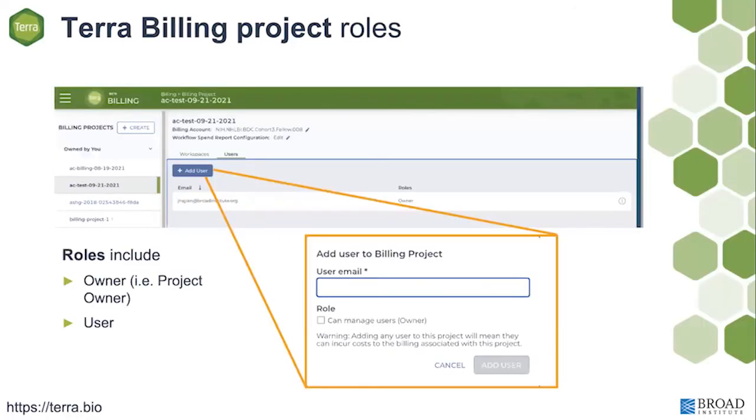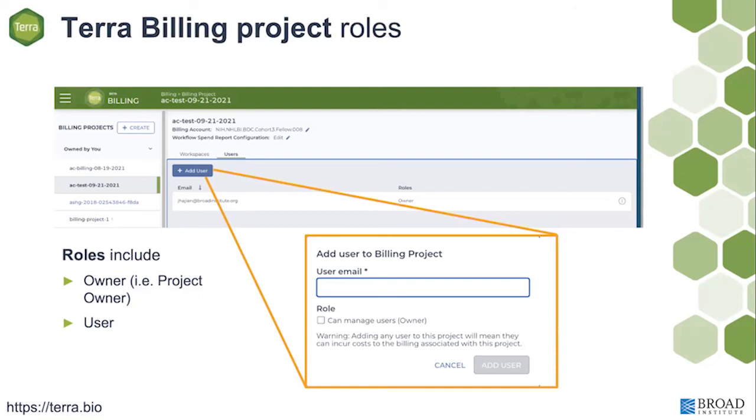If I am an owner of my Terra billing project, you can think of this like a PI, who should probably be an owner of the money that they got for a grant or something like that, right? They want to see all of the workspaces that their team is creating under their billing project. So they might have owner access to the Terra billing project, and they might give other people the ability to use it to create new workspaces. But if I am the owner of it, I can see everything.